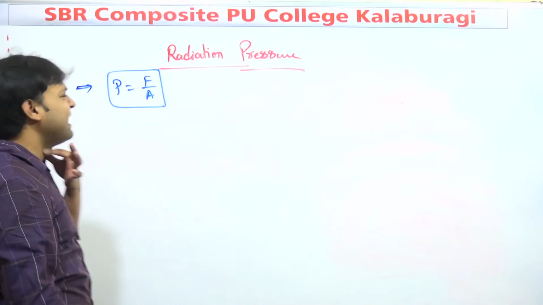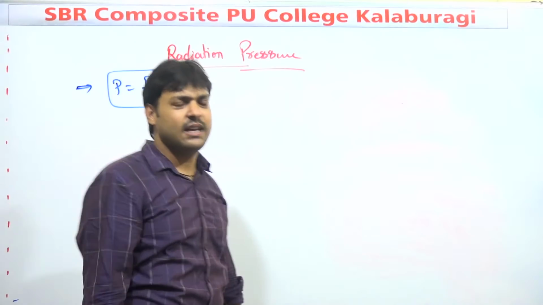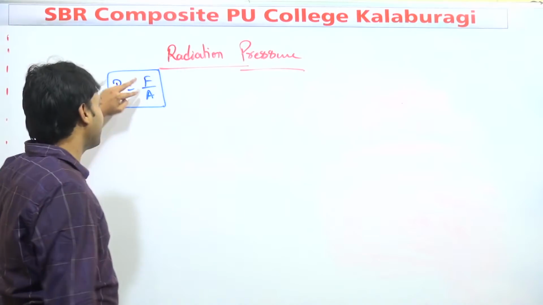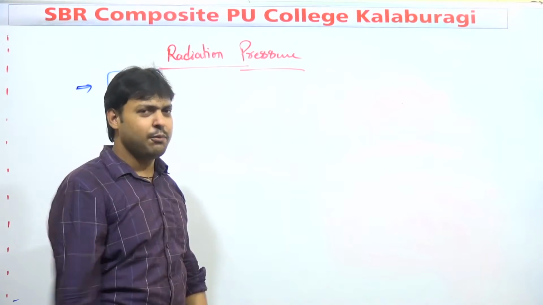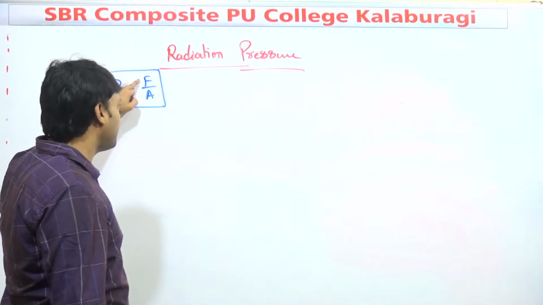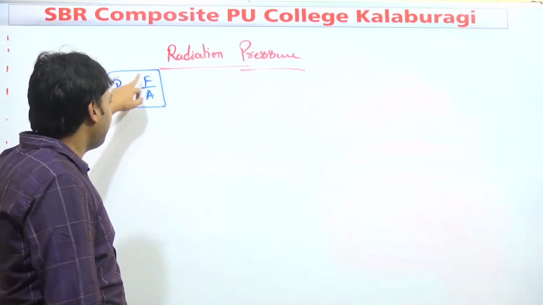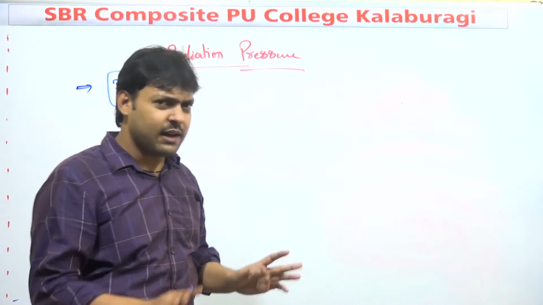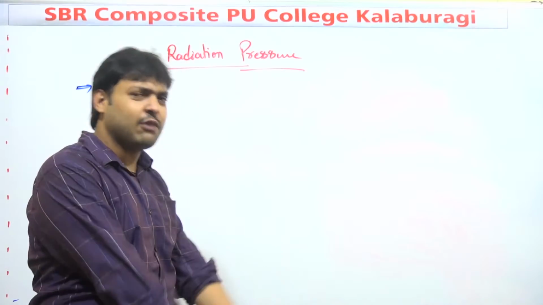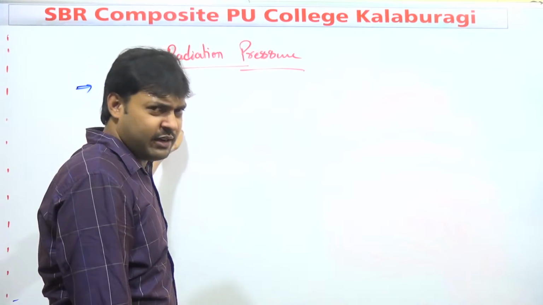We studied pressure in 11th, in the fluids chapter. The same concept here also: perpendicular force per unit area. That is very important. Generally, if I say force per unit area, the concept is not up to the mark. The same concept from fluids we can take: perpendicular force per unit area.